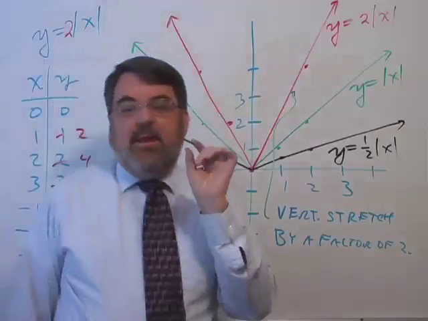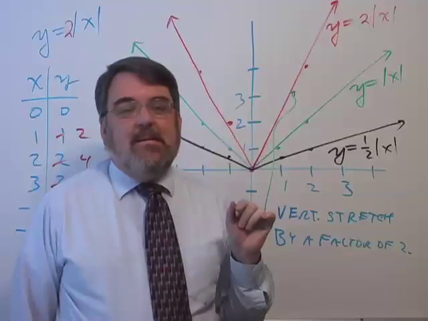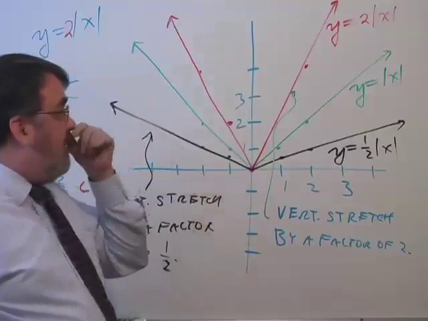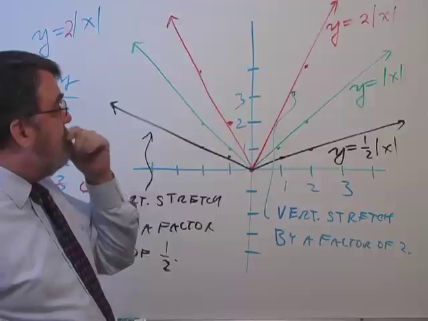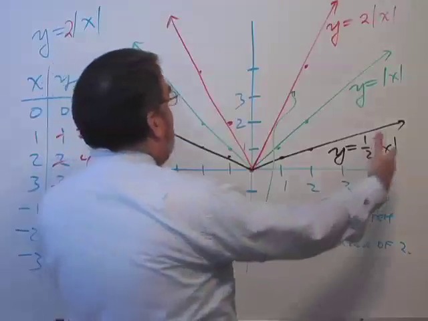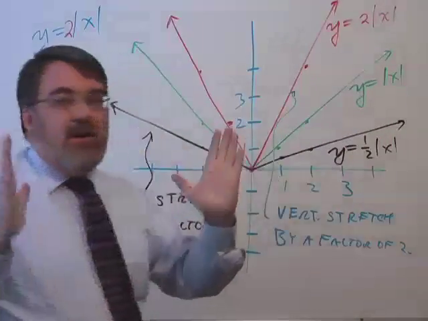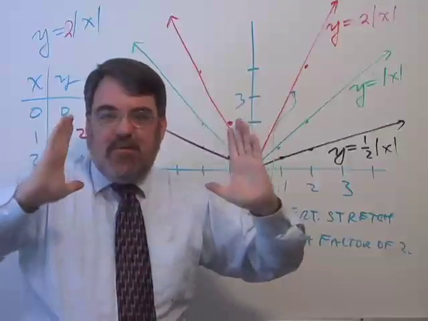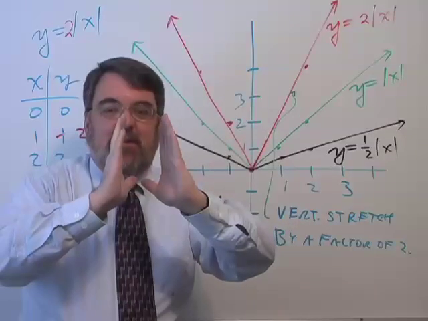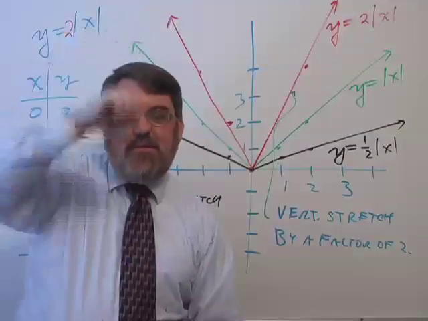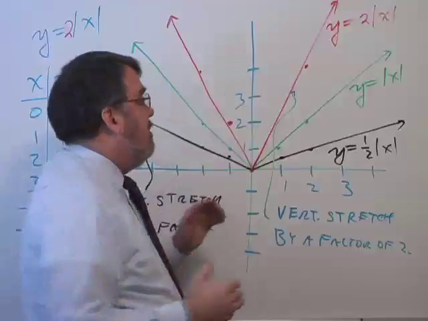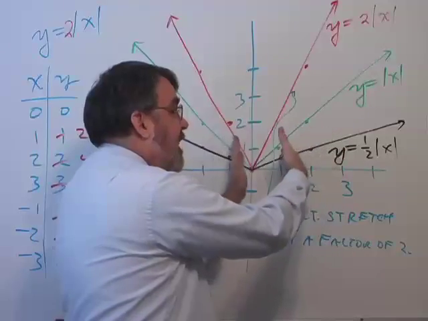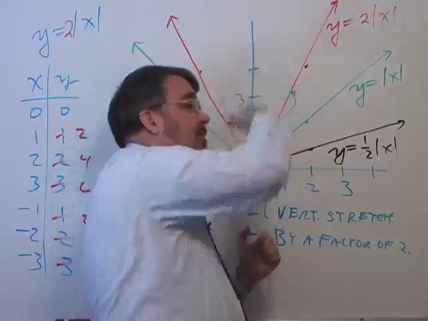When you double the x values, you compress it this way. You compress the x's. But compressing the x's by a factor of 1/2, which is what this would do, is equivalent in this case to stretching by a factor of 2. So it's a little funny there. By compressing the x's, or stretching by a factor of 1/2, you vertically stretch by a factor of 2.